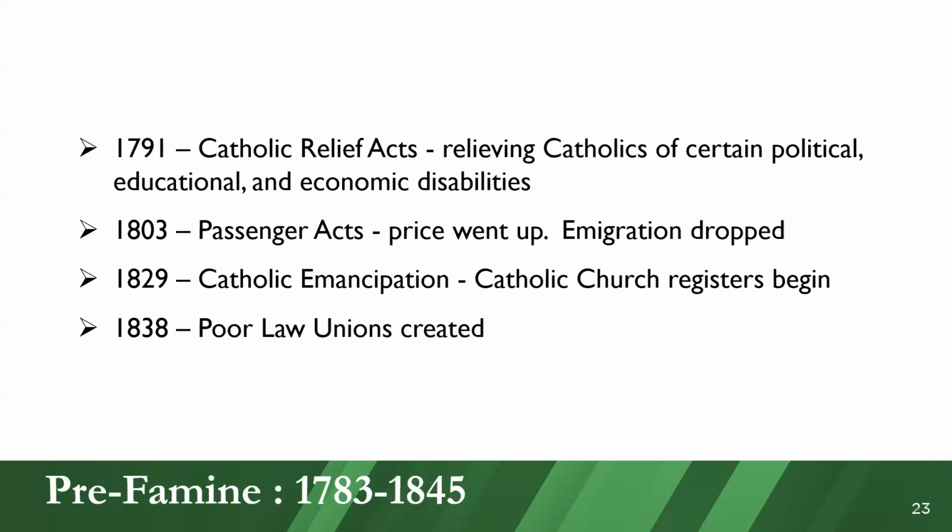Now, if we talk about before the Great Famine, this is the pre-famine years. At this point, they haven't increased their plantations, so we still just have Northern Ireland with the English and the Scottish. But the penal laws weren't working. A lot of the Irish Catholics stayed Irish Catholic.